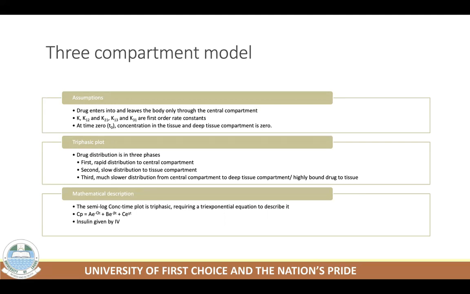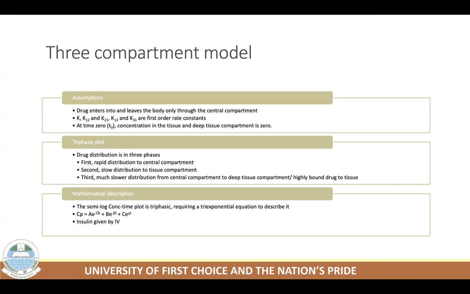So that means that for the three-compartment model, there may be a third group of tissues that may be equilibrating with plasma at a much slower pace. What we usually call that is the deep tissue compartment.